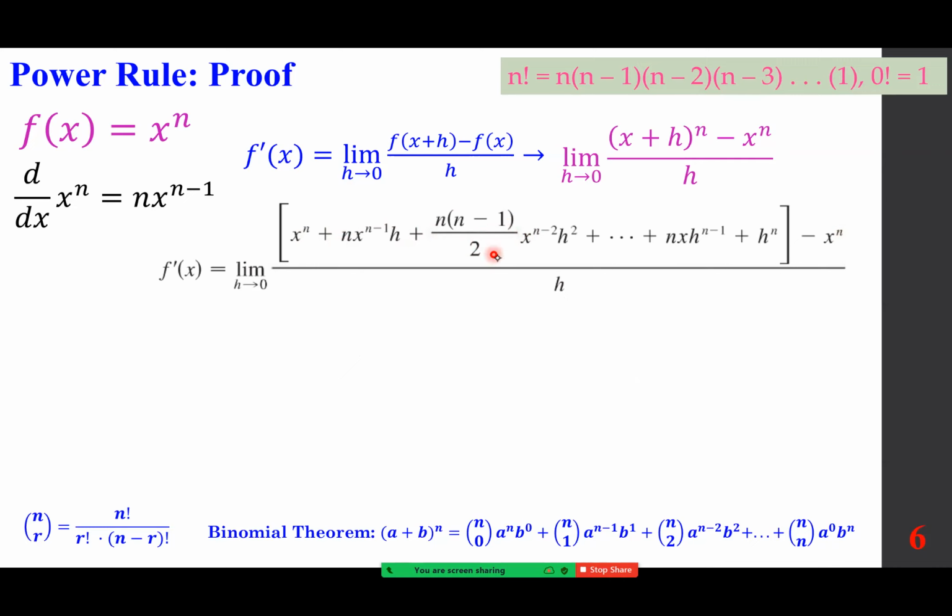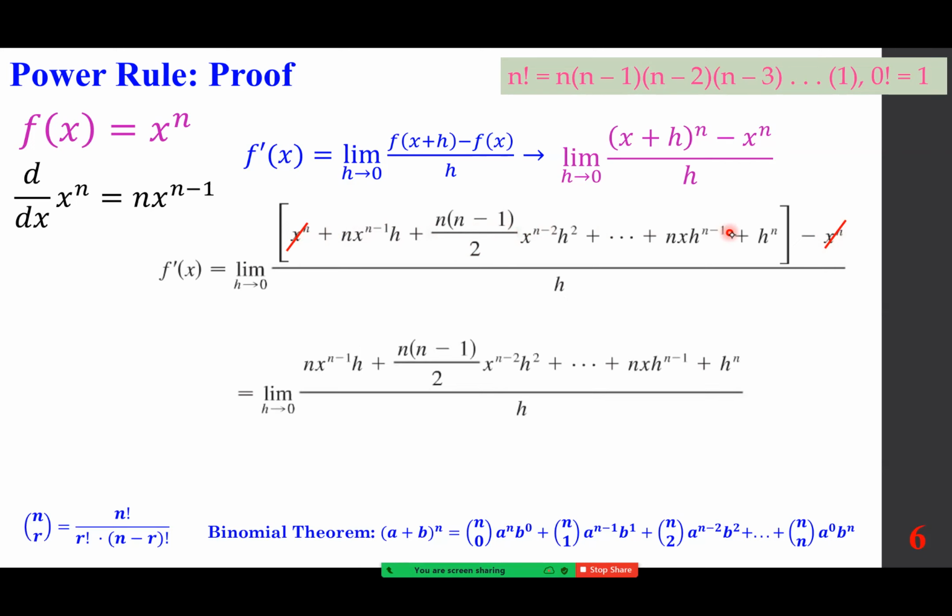It can be shown that it's equal to that. So first of all, these two cancel each other, and we are left with the rest of it. Everything inside the brackets remains except x to the power of n, which has been canceled out.